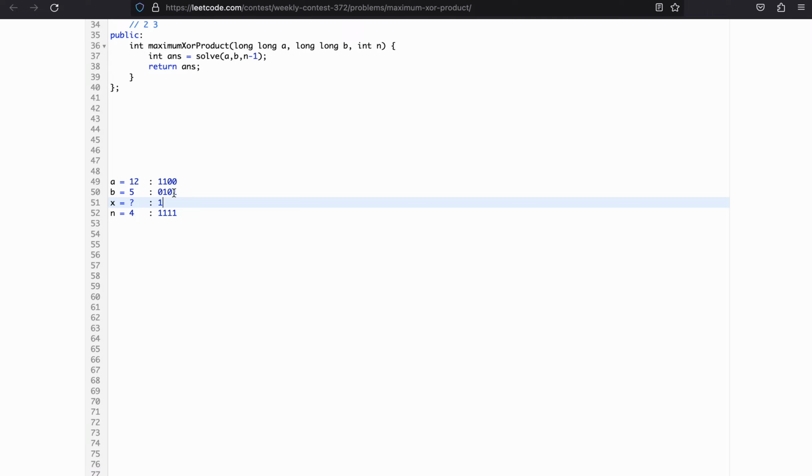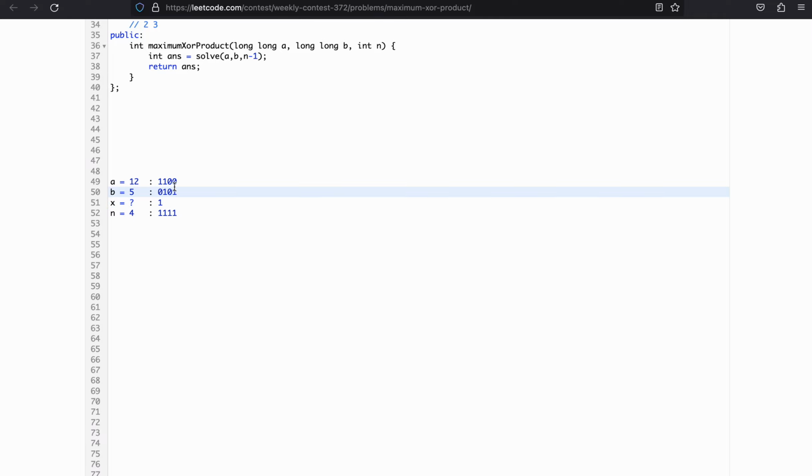Counting 0, 1, 2, 3, the third bit should be 1 in b, and that increases the value of b.